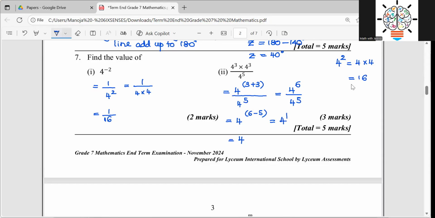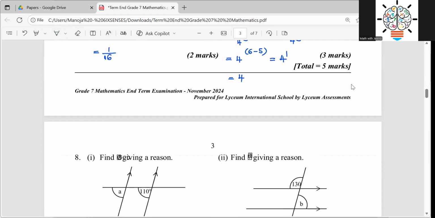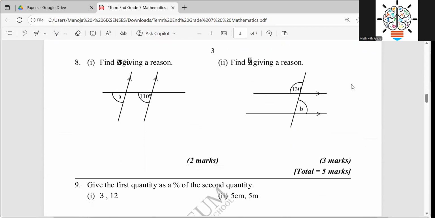Okay. So then we will move to the next question. The next question is, so this is from the angles, parallel lines and angles. Now, children, can you remember in the parallel line lesson, you have 3 types of angles: the corresponding angles, then the alternate angles, and the interior angle.